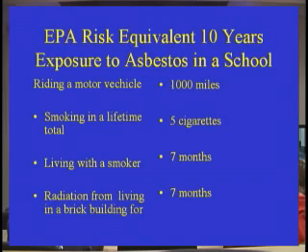If we live in a brick building for about 7 months, from the background radiation from the radon daughters that normally come through buildings, we consider that an acceptable risk. Next.